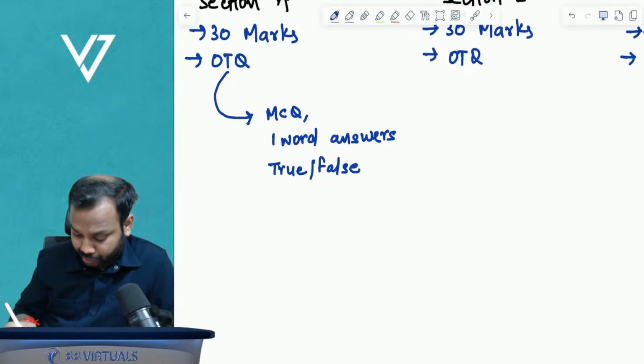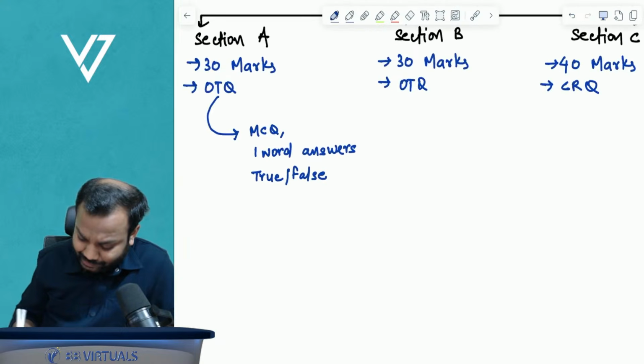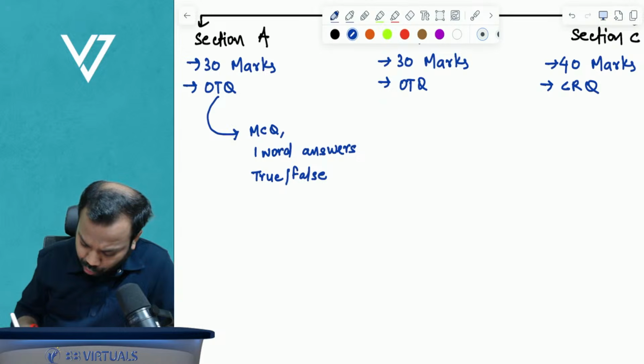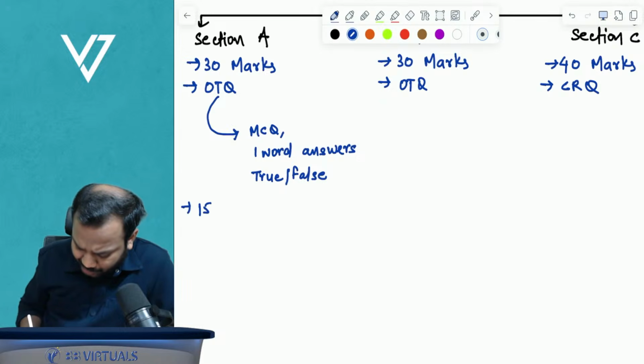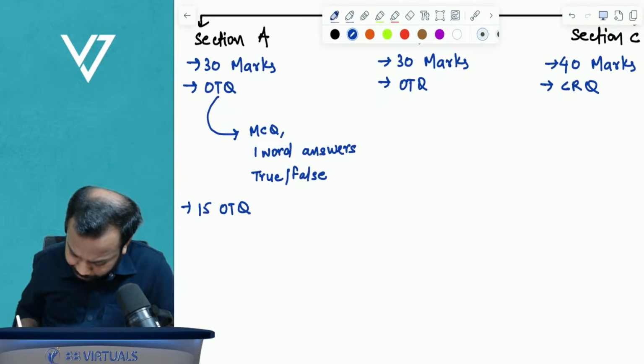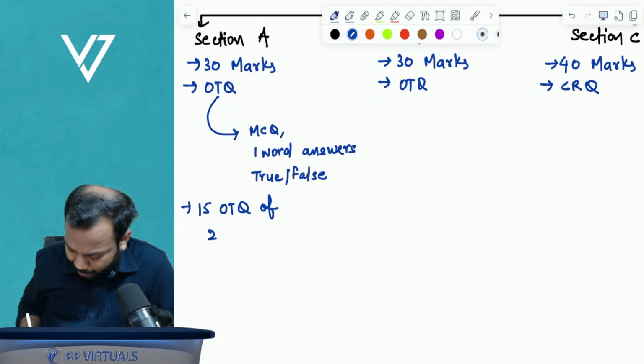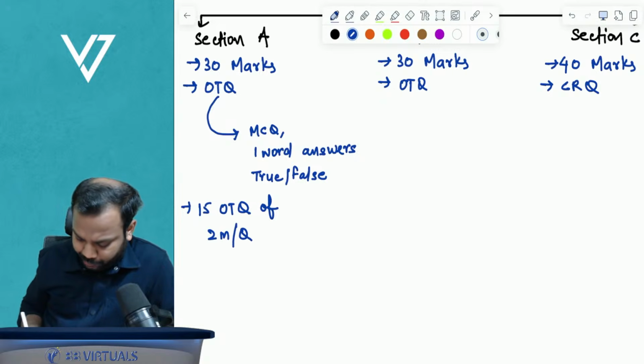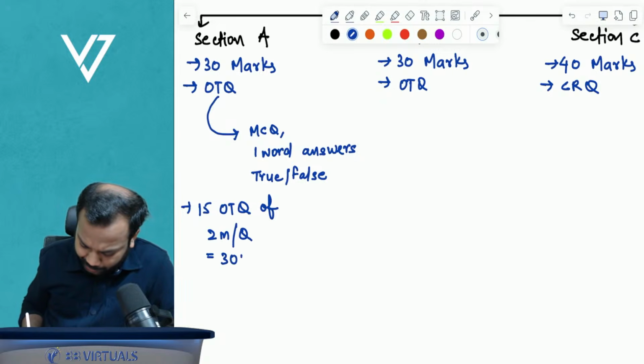Now, moving on to the next. In Section A, you will be asked 15 objective type questions of 2 marks per question, totaling 30 marks.